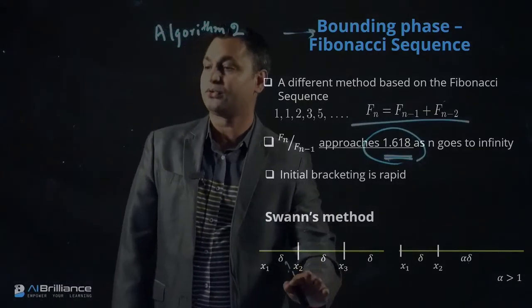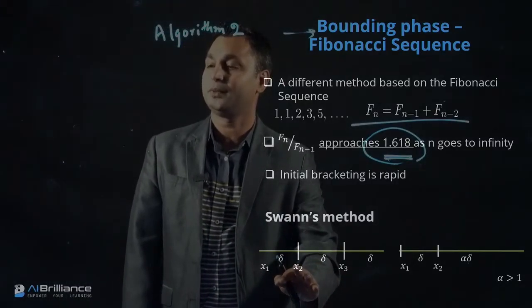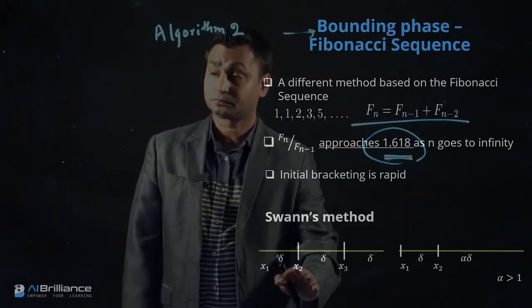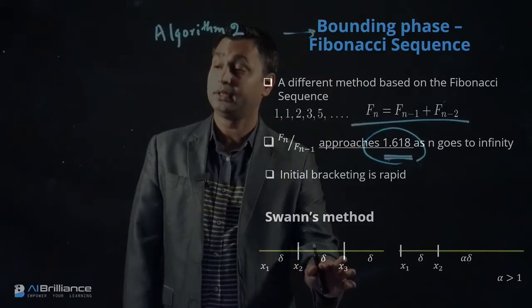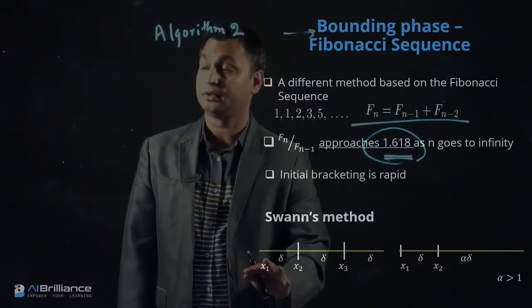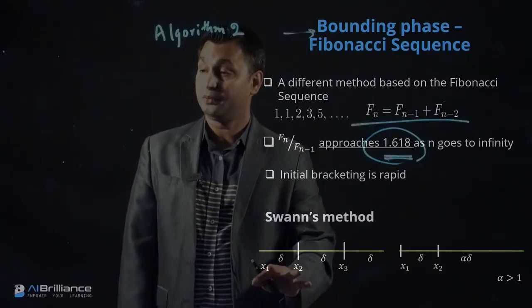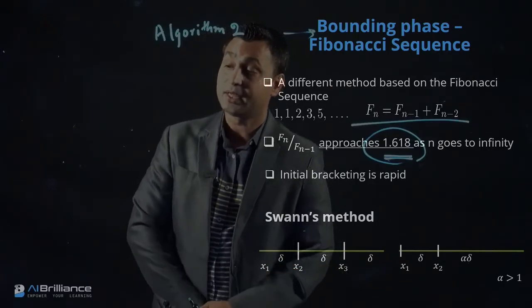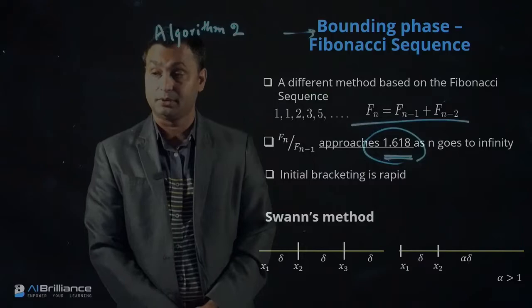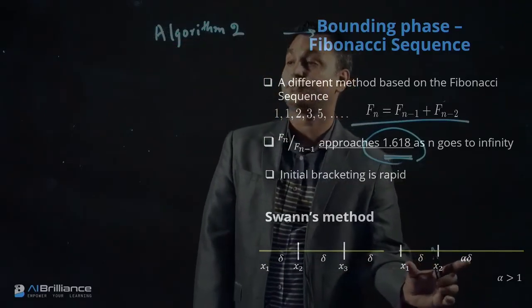If you look into Swann's method, we generated the next point with a delta distance and the previous point with a delta distance, and the distance between x1 and x2 and between x2 and x3 is kept the same in Swann's method, which is not the case for the Fibonacci method.